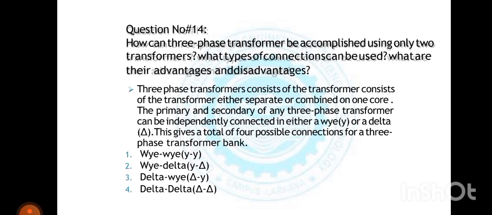The primary and secondary of any three-phase transformer can be independently connected in either a Y or a delta. This gives a total of four possible connections for a three-phase transformer bank. First one is YY, second one is Y delta, third one is delta Y, fourth is delta delta.